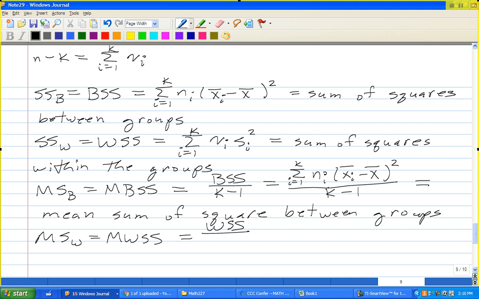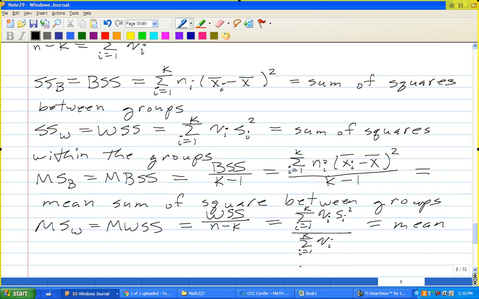So this is a sum over n minus k, the sum from i equals 1 to k over the sum to k. So this is the mean sum of squares within the groups.